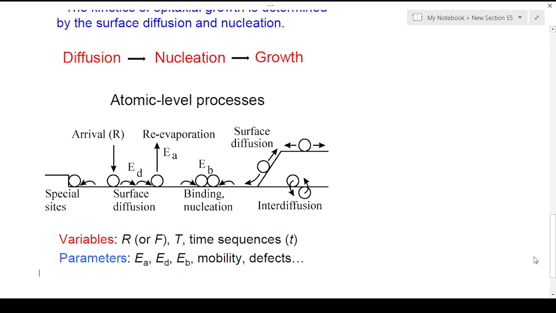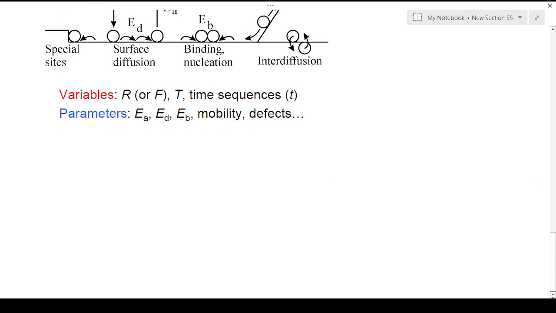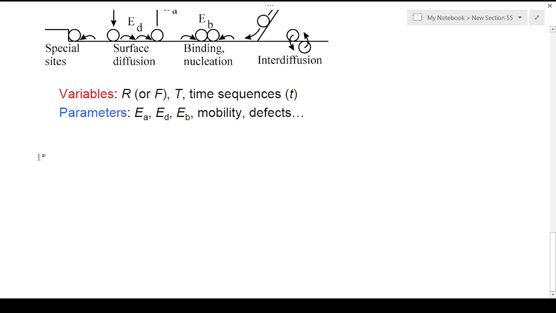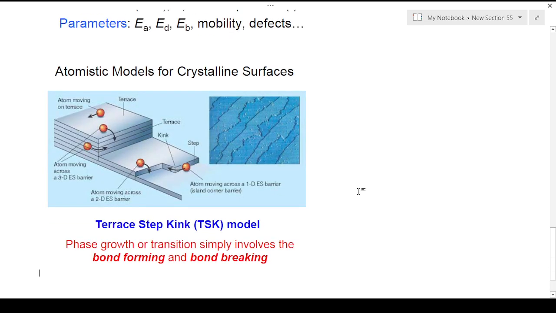Okay, so that's the one thing we could notice while the atoms are getting adsorbed. As you can see here, the atoms will be moving on the terrace. The terrace means the surface at the first layer, and it will be moving across the 3D barrier. This is basically a modeling of atoms that are coating over there, which we call the terrace step kink model. So here you can see that it involves a bond formation and a bond breaking procedure in the event.